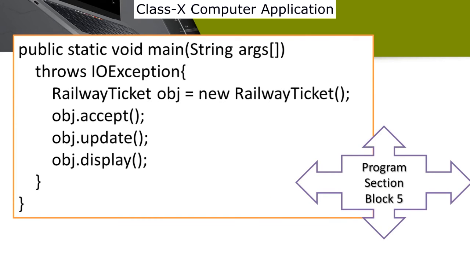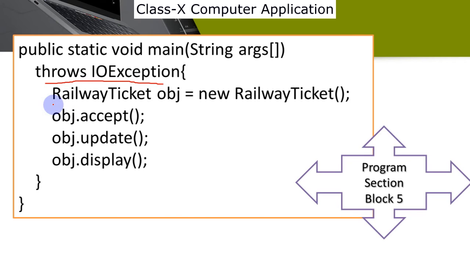The next one, in the program they have asked to create an object of the class. What was the class name? The class name was RailwayTicket. So public static void main String args, and this is the syntax we are using, throws IOException. Now the real matter starts.